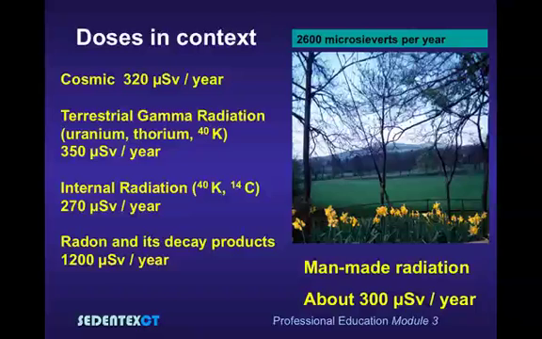Similarly, in some countries where the use of X-rays for diagnostic purposes is greater, the amount of man-made radiation will be considerably higher. This is the situation in the United States, for example, due to the large use of CT scanning.